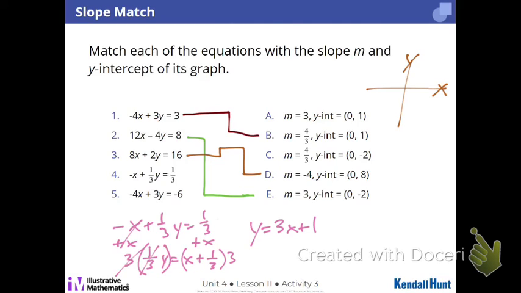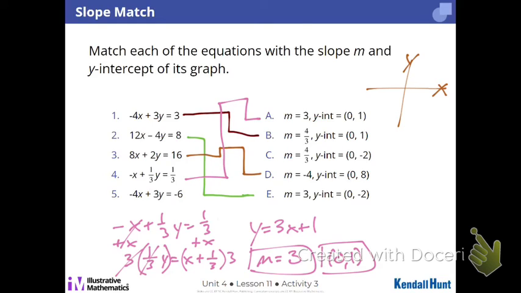So equivalent equation, same equation. But now what's the thing that's happening over and over? A slope of 3. When x is 0, what is y? 1, which is the y-intercept. So a slope of 3, a y-intercept of 1. Looks like I'm going all the way up. Just to make sure you understand, this x and y are like any points.